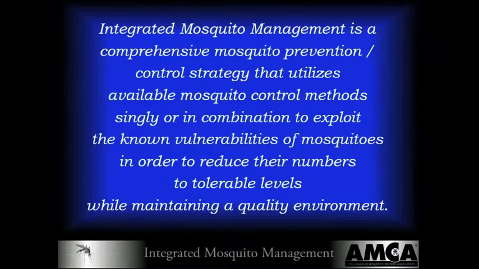As I said, you don't rely solely on these things, but there are circumstances in which you can get rid of the problem by source reduction alone, or in combination. Generally, you're utilizing a lot of them, that's the integrated portion of it, to exploit the known vulnerabilities of mosquitoes in order to reduce their numbers to tolerable levels, okay? Not eradicating them, while maintaining a quality environment. There are costs involved. Okay, so that's what integrated mosquito management is.